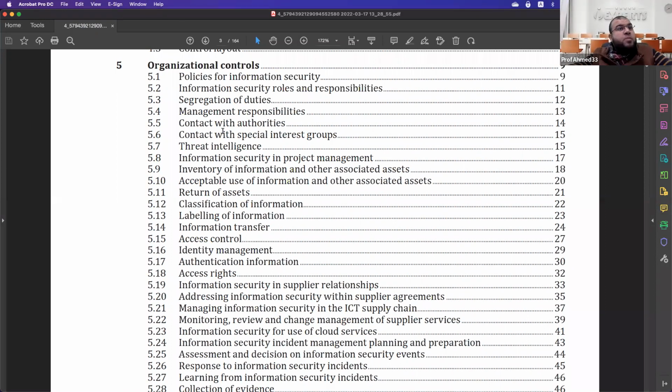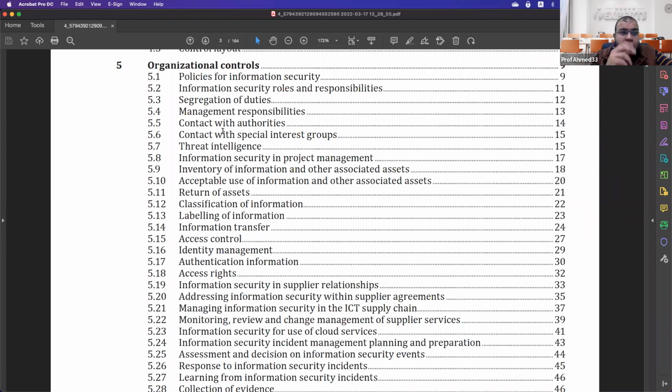Contact with special interest groups, threat intelligence, new controls for threat intelligence. Information security in project management, yes, the best is to lead by project management. And also we have the inventory of information and other associated assets. Yes, it existed in GDPR that we must have an inventory of our activities on data, including what we have in this data and so on.